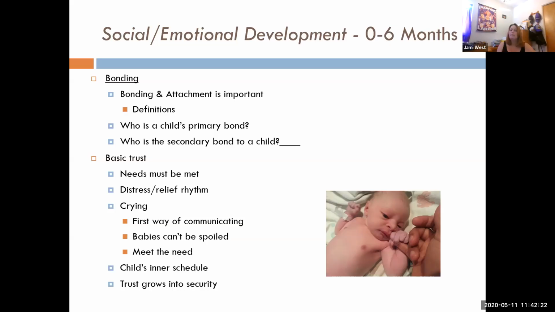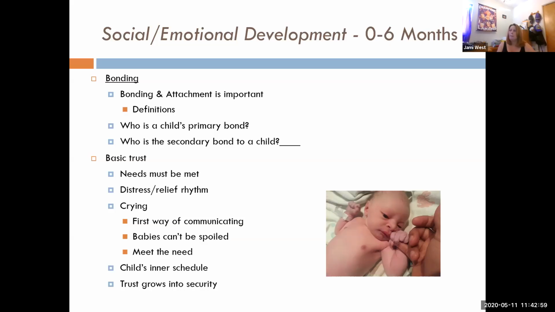Our job is to meet that need warmly, consistently. It really is important that we understand that rhythm and how important it is to infants developing that basic trust. Okay. If children's cries are not answered, they develop mistrust.